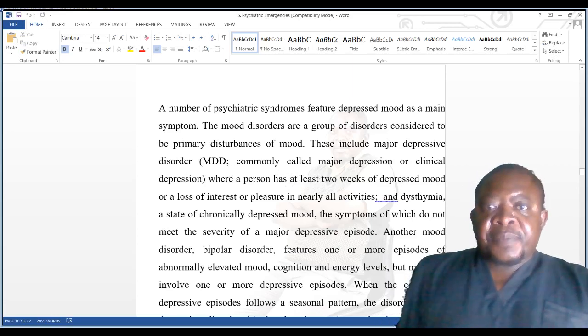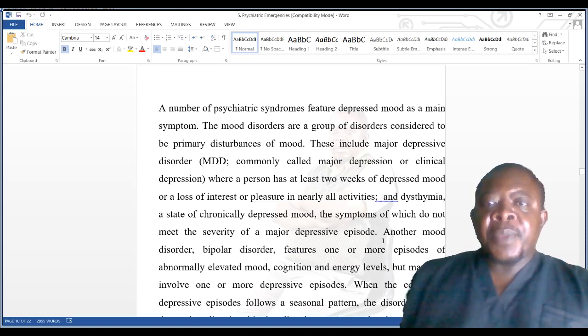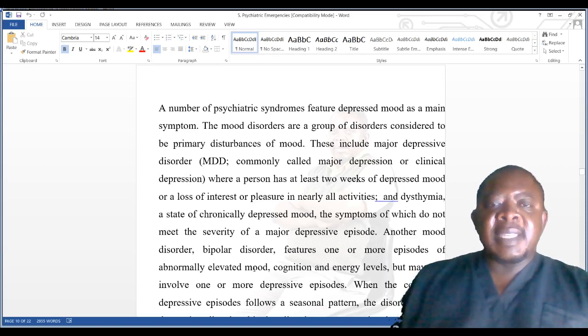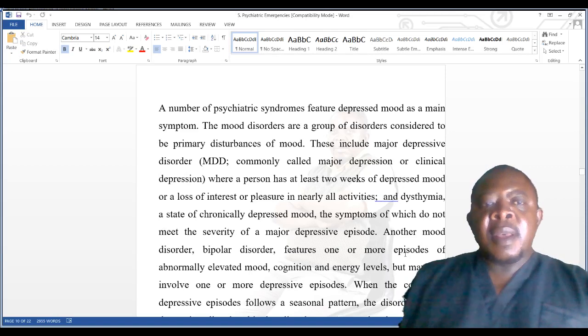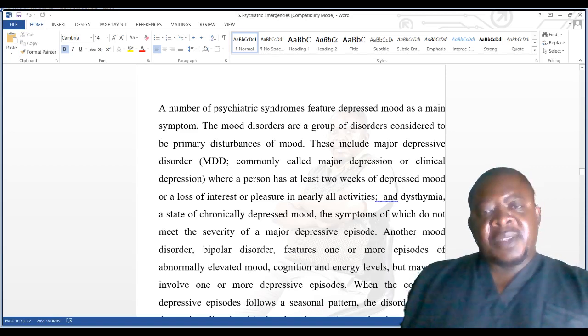Okay, so other conditions here that we can still look at are chronically depressed moods, where the symptoms do not meet the severity of major depression, but a person has some chronically depressed mood. Another mood disorder, like bipolar disorder, features one or more episodes of abnormally elevated mood, then the problem with cognition, problem with energy levels, but may also involve one or more episodes of depression.